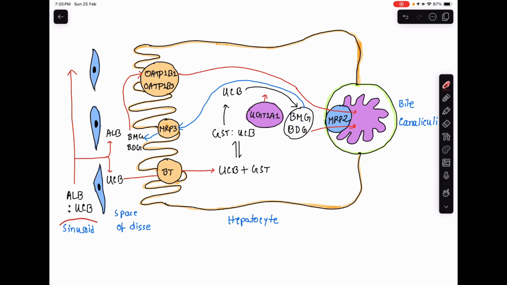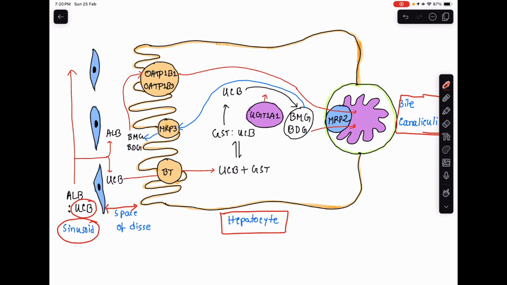Now this is the sinusoid and this is the space of Disse. And this is one hepatocyte and this is the bile canaliculi. Now what happens? Unconjugated bilirubin, which is produced from the breakdown of heme, is insoluble in aqueous solution.